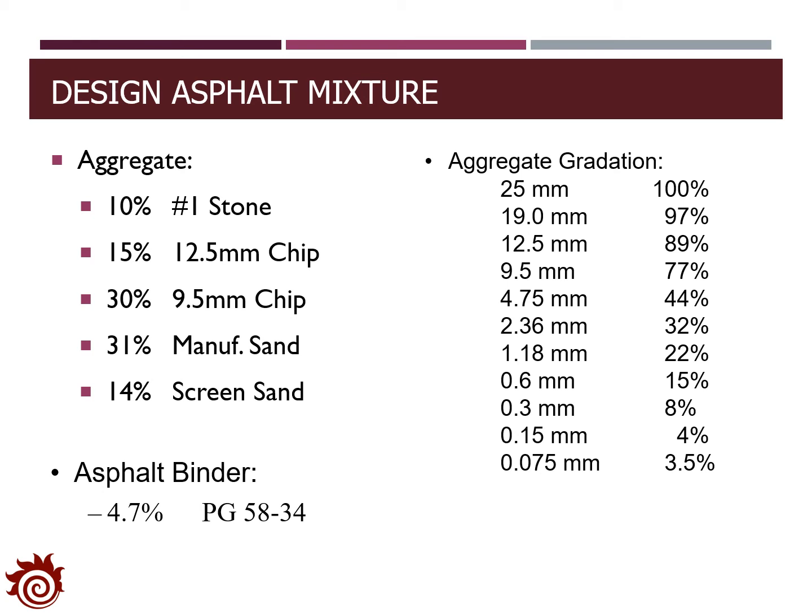For the asphalt binder, we will choose the optimal asphalt content as 4.7%, and the asphalt binder is selected based on the temperature with the performance grade of 58 minus 34. In addition, the aggregate gradation is defined by the table on the right.